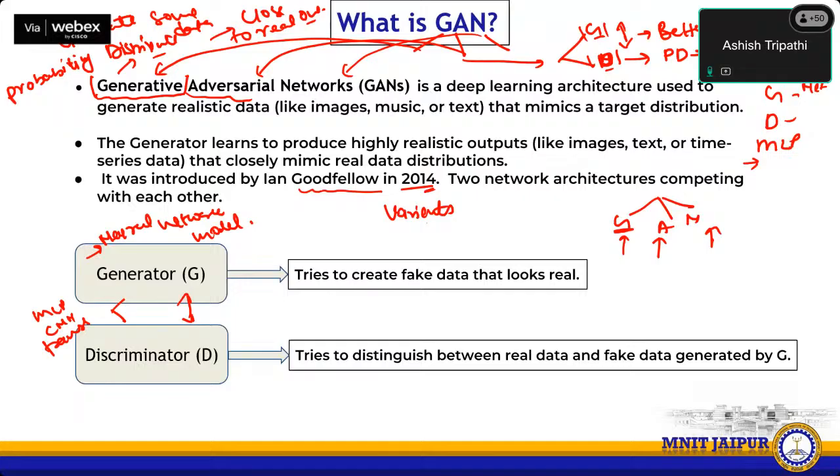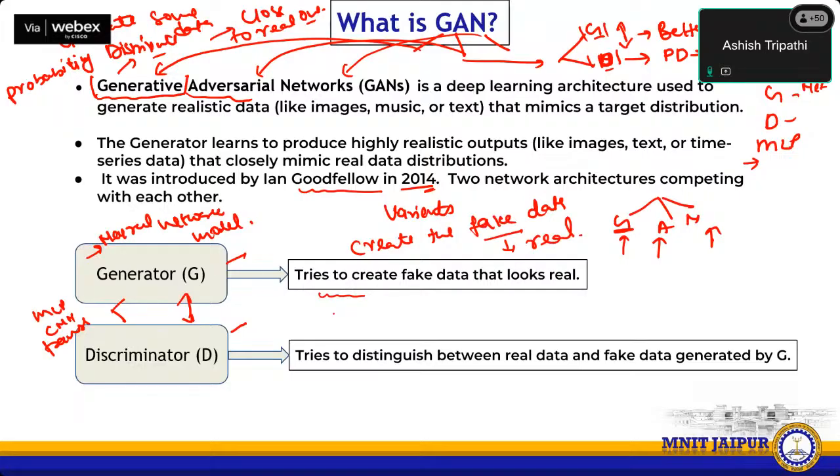Now coming to the point, what is G and what is D? What is the role of the generator G? The role of the generator is just to create the fake data, and this fake data should be very close to the real one.